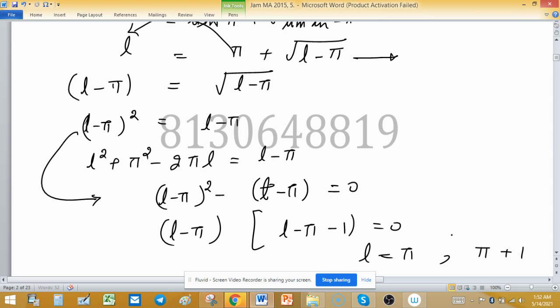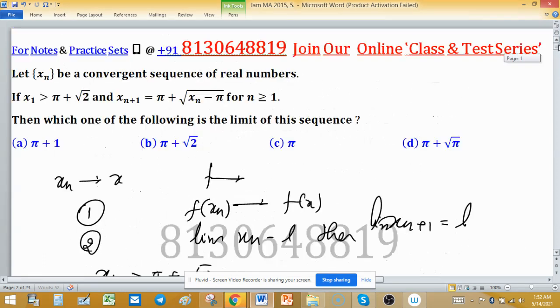So we have two values of the limit, but the limit is unique, so it cannot be two. The limits we obtained are pi and pi plus 1. As the sequence is decreasing, and all terms are greater than pi, the limit will be greater than pi.